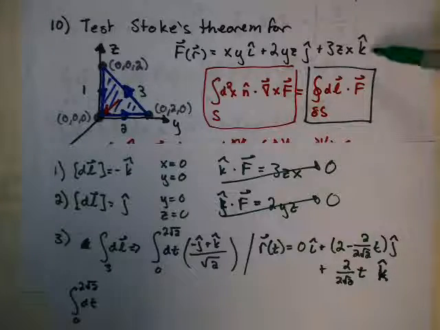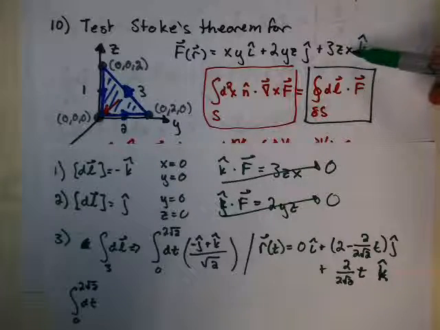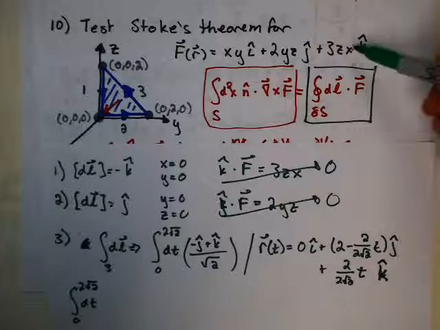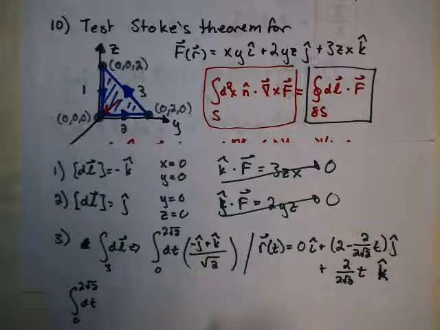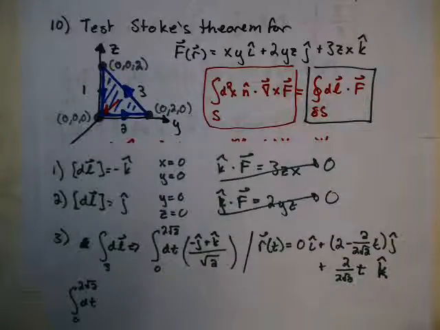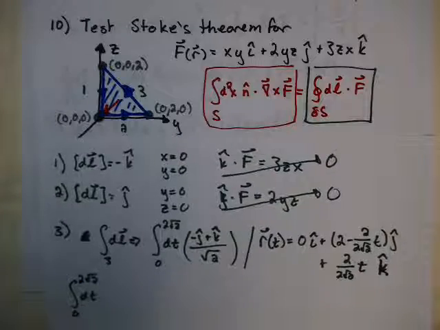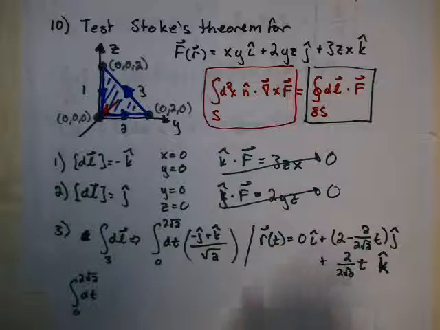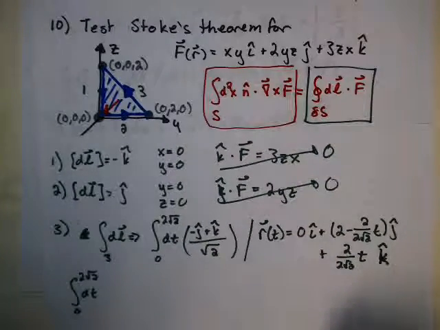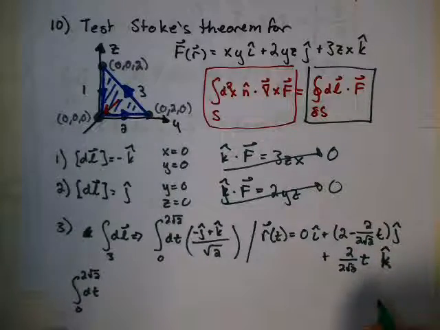So f k hat is 3zx, and x is 0 along the whole line, so I'm going to ignore the k hat dot f part of this. I'm only going to evaluate the j hat dot f.